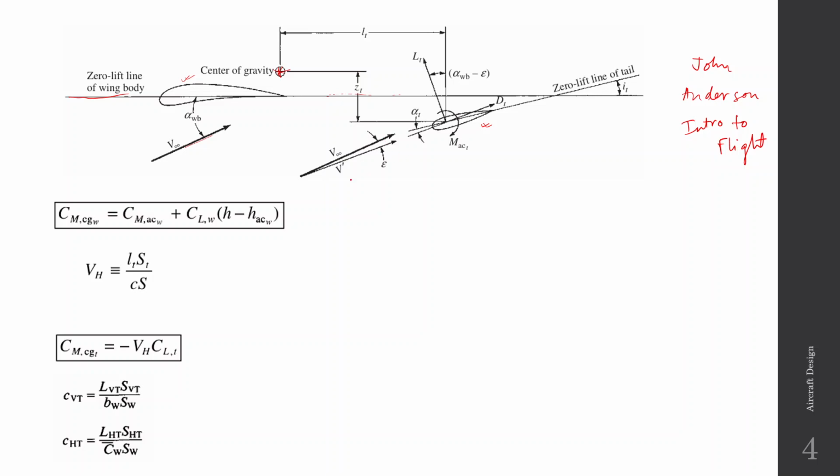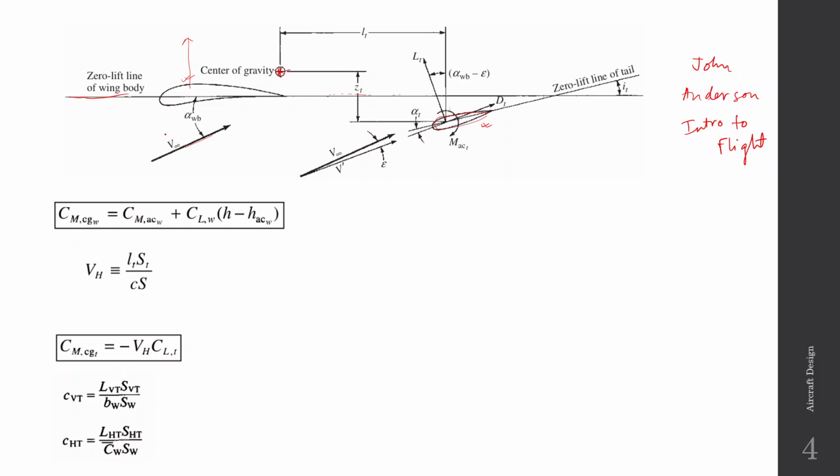And then this is the tail over here. So the wing is also producing lift at its aerodynamic center, and the tail is also producing lift, and the wing and the tail, they are both kept at a setting angle.